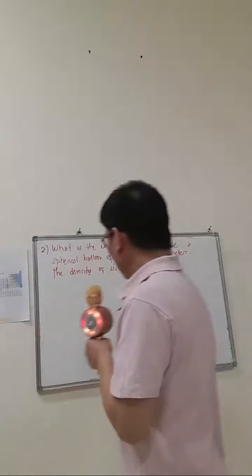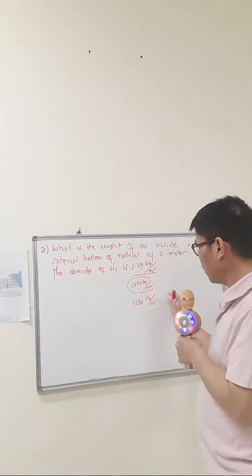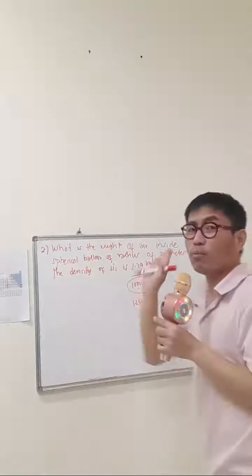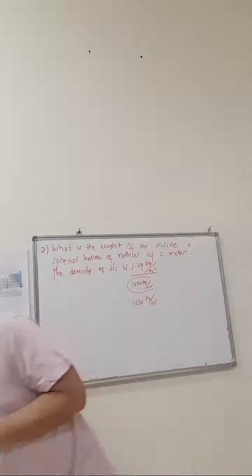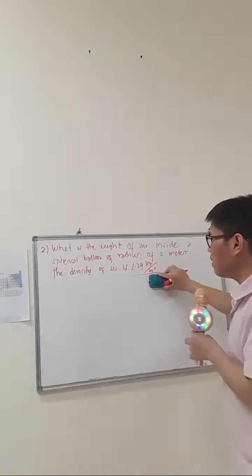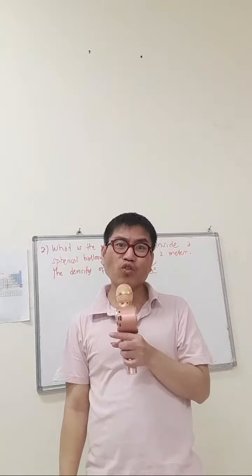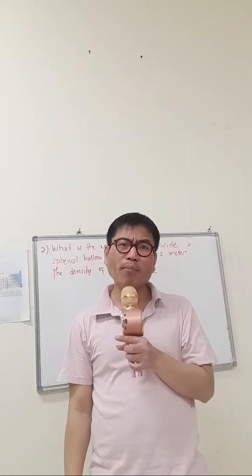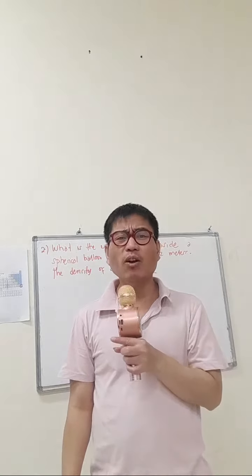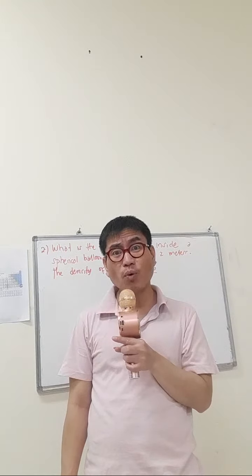I think the air is also 1,290 kilogram per cubic meter if you try to be realistic in the unit, but for the purpose of solving it's no problem. So what I'm trying to emphasize is that the standard density of air at 25 degrees Celsius is 1,290 kilogram per cubic meter, and water is 1,000 kilogram per cubic meter, because air is heavier than water.